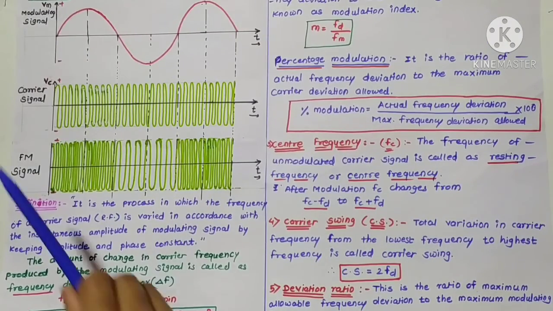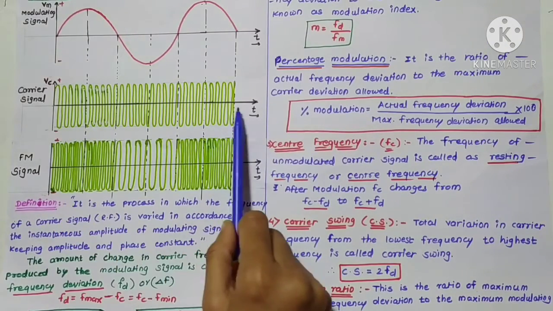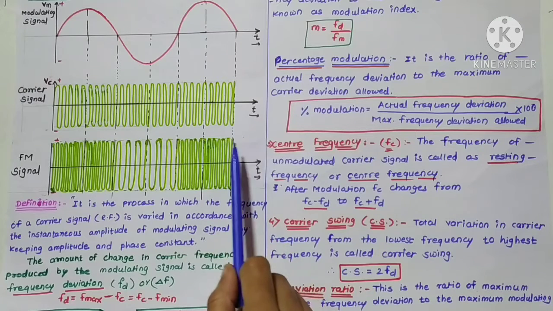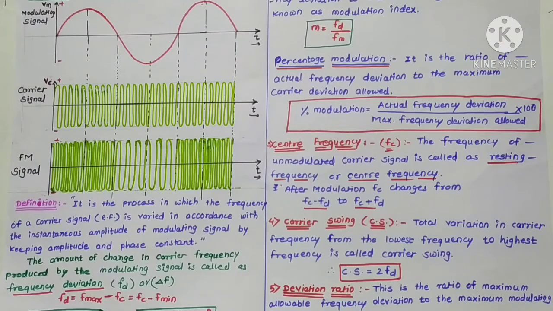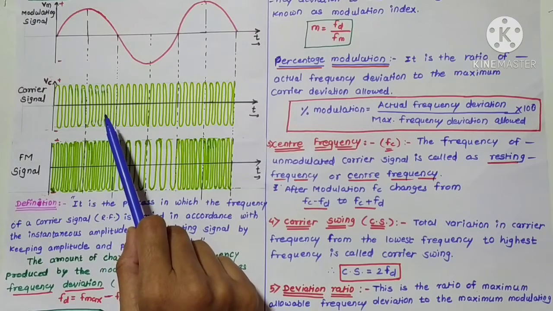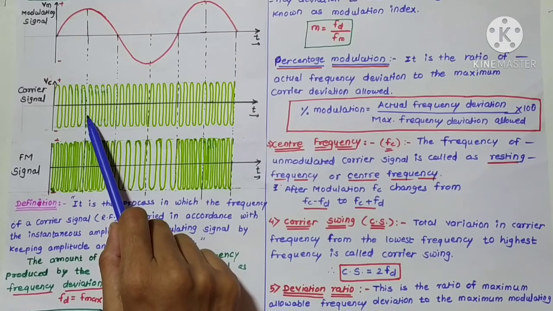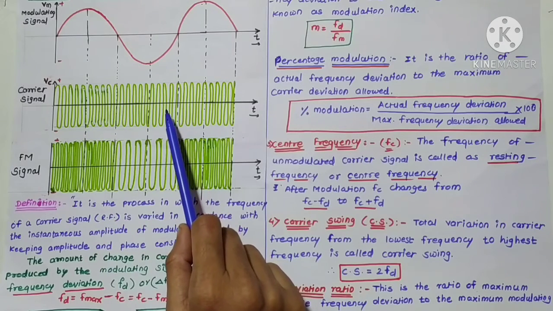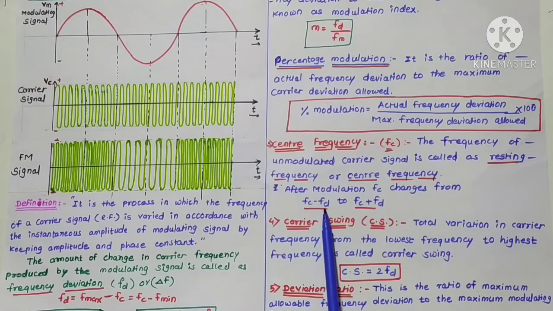Meaning, students, we can say that the frequency of the carrier signal is nothing but the center frequency. Okay students, and remember that after the modulation, the frequency changes from Fc minus Fd to Fc plus Fd.